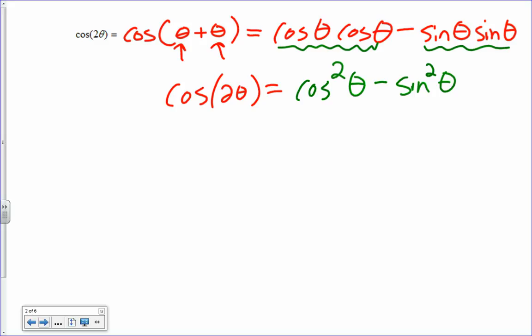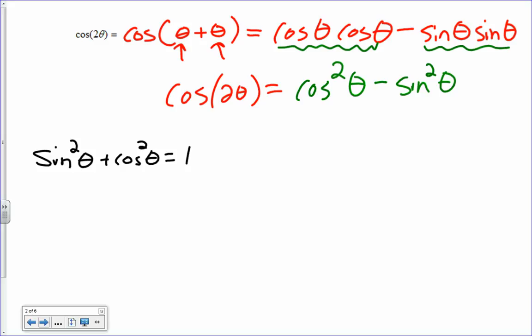This one actually has a couple other versions. The sine of 2 theta only has the one version because it's the simplest. This one actually has 2 other versions, because you can use the sine squared plus cosine squared equaling 1, you can manipulate things. So for example, we know that to be true.